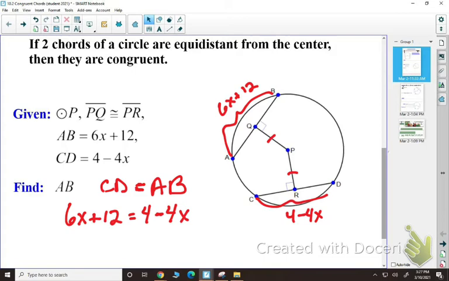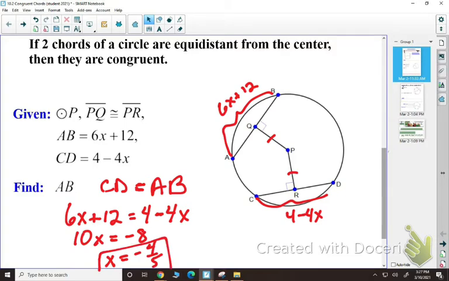To solve for x, I add 4x to both sides, so we have 10x equals, and if I subtract 12 from each side, 4 minus 12 is negative 8. Dividing both sides by 10, x is negative 8/10, which reduces to negative 4/5.